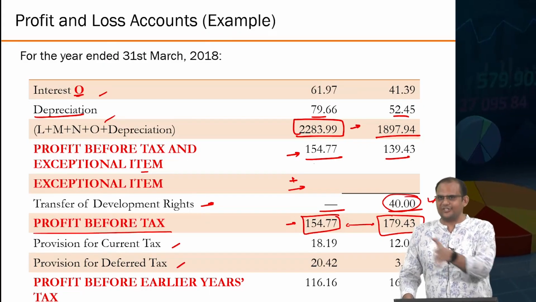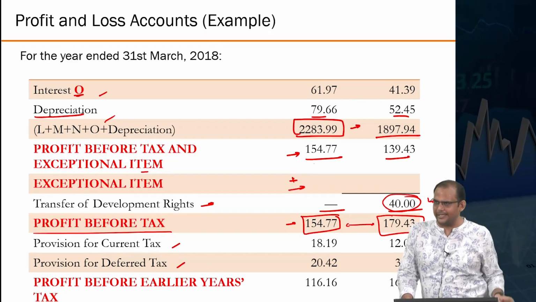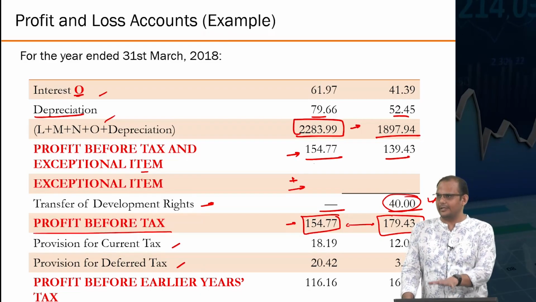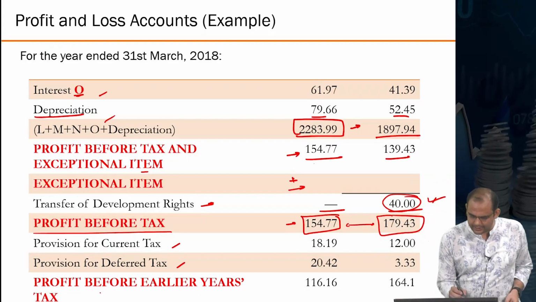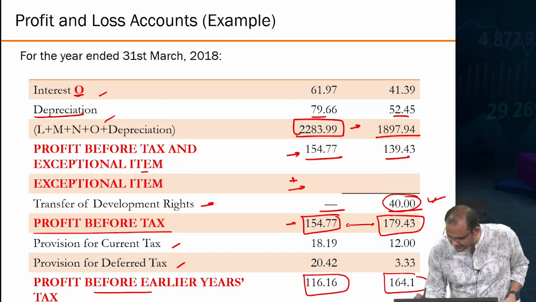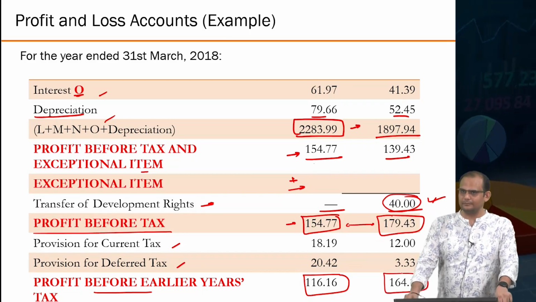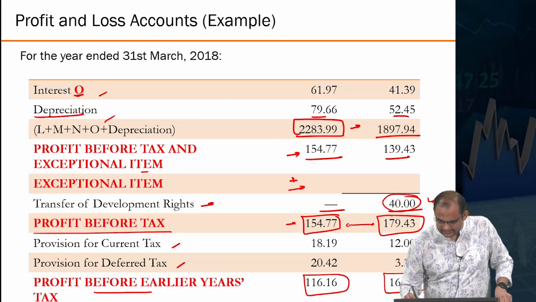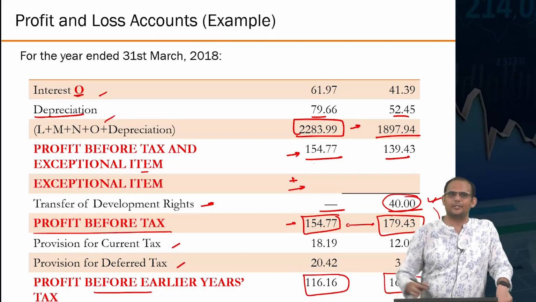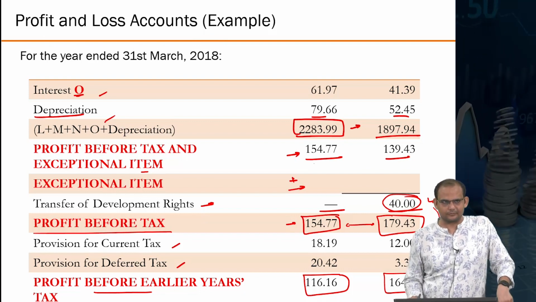So you can change your statements up to 2 to 3 years in the history. Accordingly, recalculation happens and all this money is also properly shown. So the profit before earlier year's tax is coming out to be this much money. This development right clearly had a huge impact on this total number, but at least you get a clearer picture.